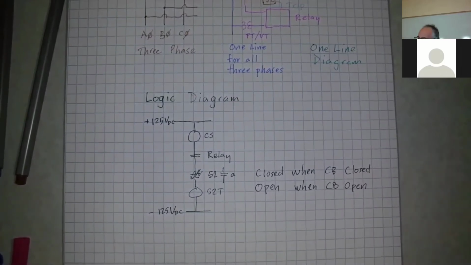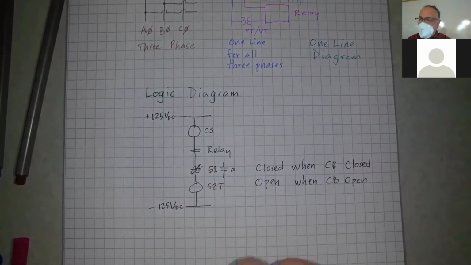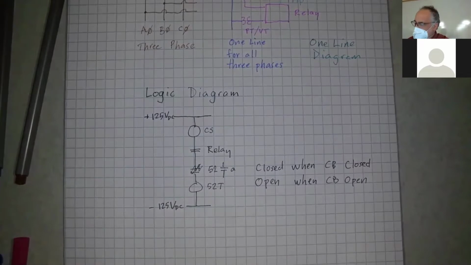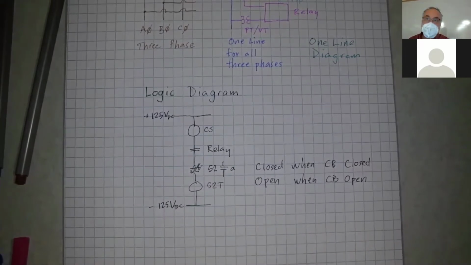So does that make sense to everybody? We'd show it as a normally open. But when the circuit breaker was closed, that would be closed. All right?